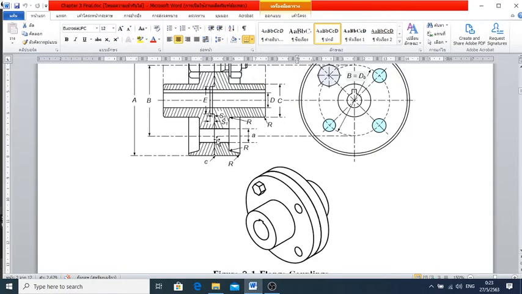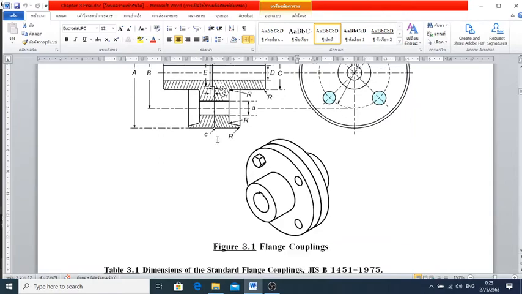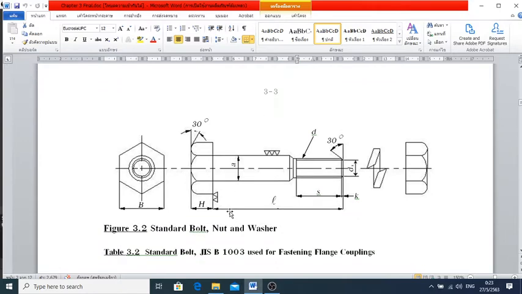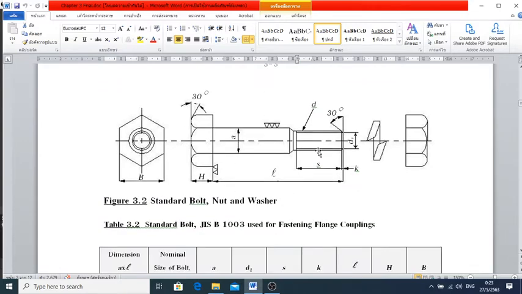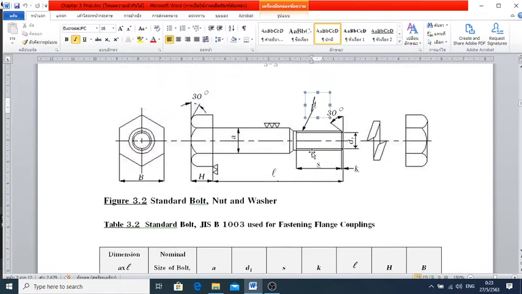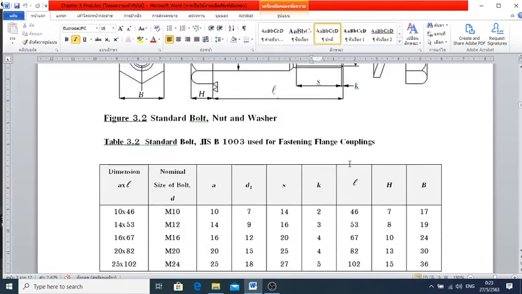Then this one is the same, and for the thread of the bolt, we have a D. The D term here is the nominal diameter of the thread. So the thread is only on the portion of S. This type of bolt is special for coupling design.